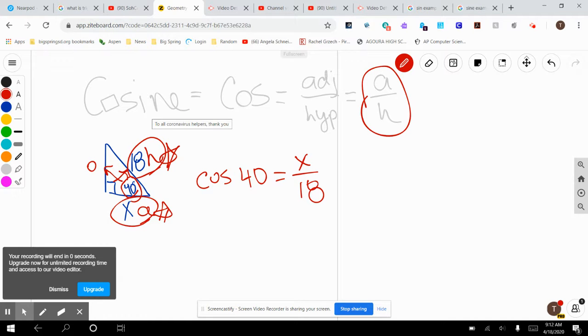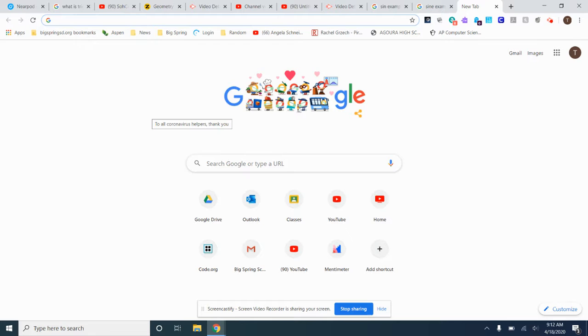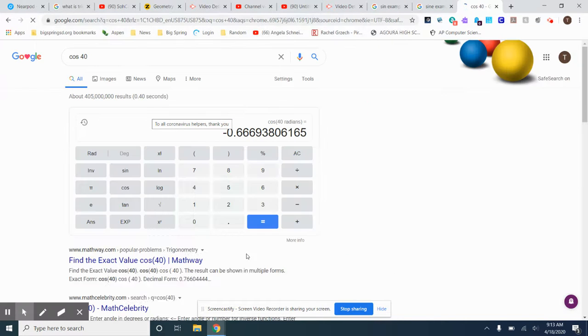Okay, so if I start a new tab, I can type in cosine 40. Okay, now look, this is in radians, right? I want it in degrees. So let me hit 40 again and hit cosine.